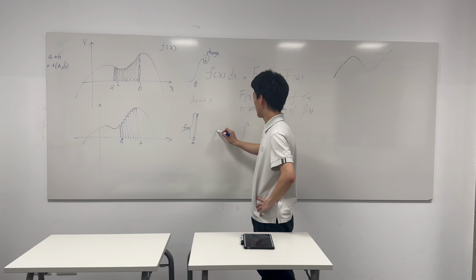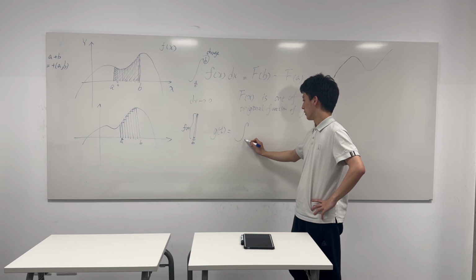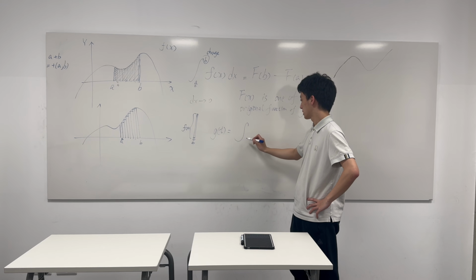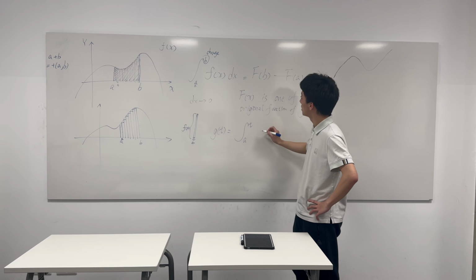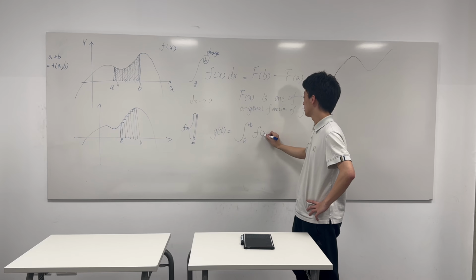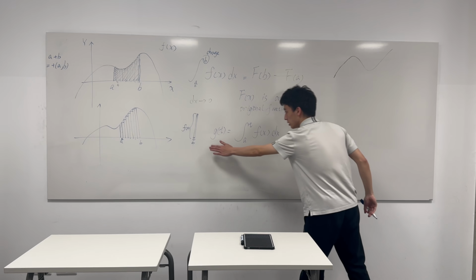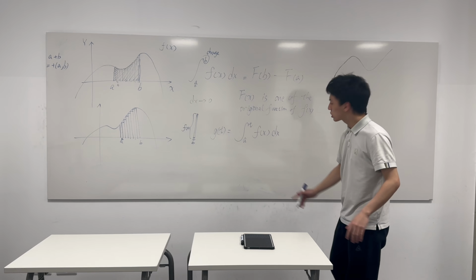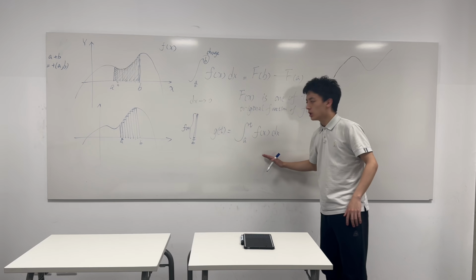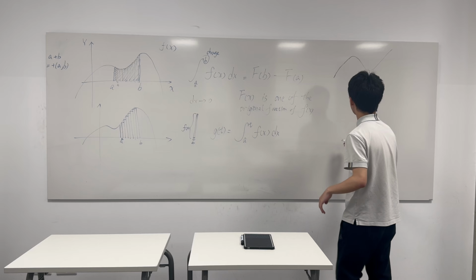Let's call it G(t), which is equal to the definite integral from a to t of f(x) dx. So what's going on here? What will happen if we change the t? Let's draw the graph.